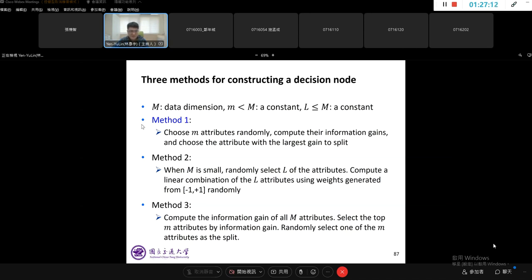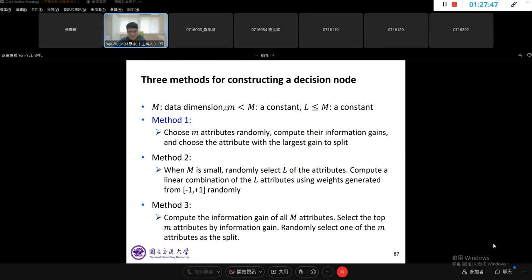However, in the following, I will use method one to construct the decision tree. Okay, so we use capital M to denote data dimension. For each data point, it has M dimensions. It is represented by an M-dimensional vector. So M is the number of features or number of attributes.